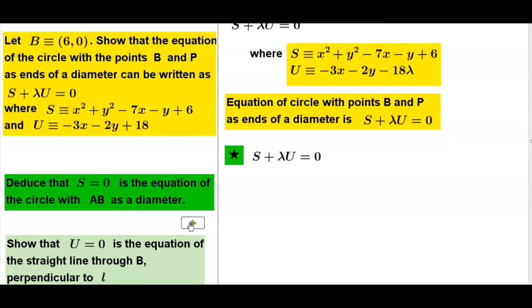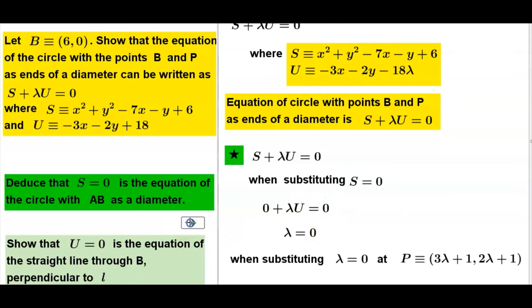Now for the next part, we want to deduce that S equals 0 is the equation of the circle with AB as a diameter. So here I am going to substitute S equal to 0. When S is 0, then 0 plus lambda U is equal to 0, therefore lambda is equal to 0.